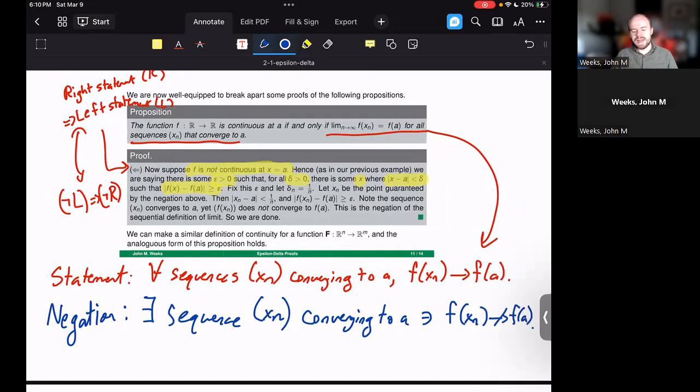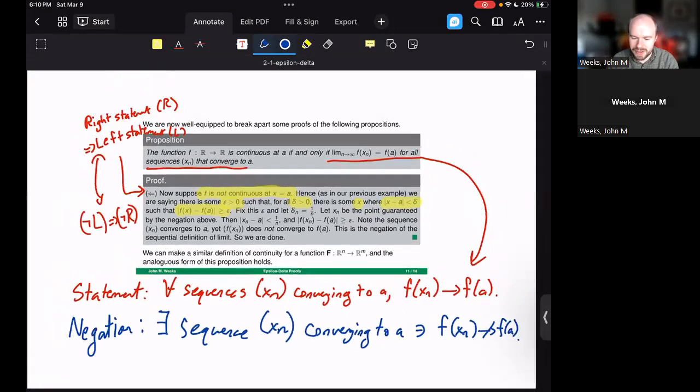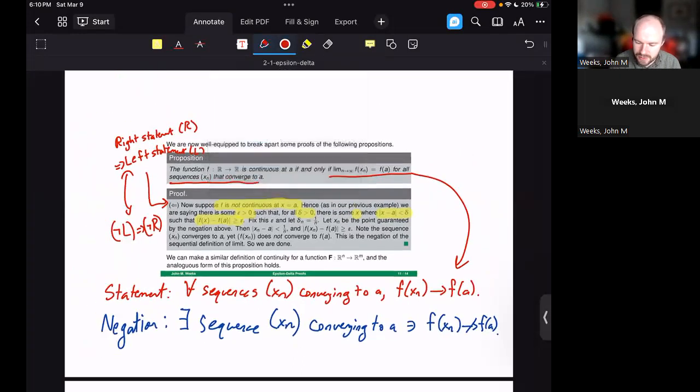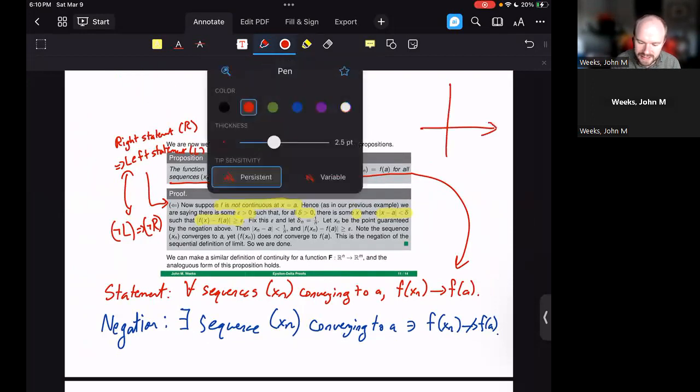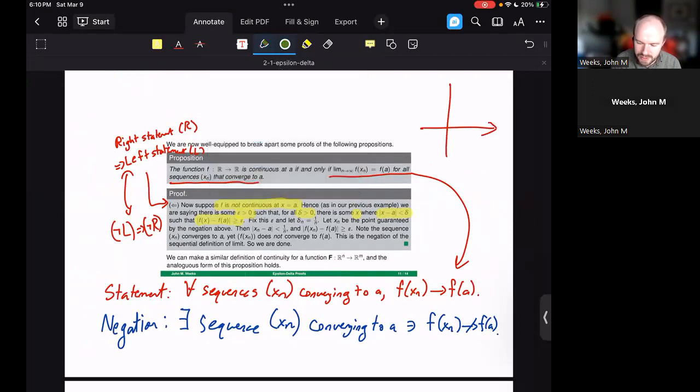So I would like to now, in order to finish this part, find a sequence x sub n that converges to a so that f of x sub n does not converge to f of a. The picture here is, you're saying, given our picture from before, let's say this is the function that was 1 down here and 2 up here, and you're going to try and pick a sequence that, although the x values of that sequence converge to the value x equals 0, the y values don't do the same thing.